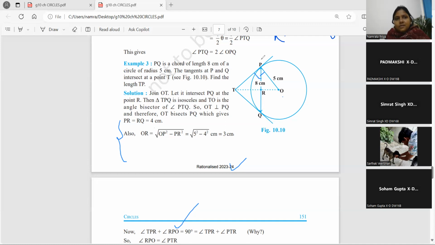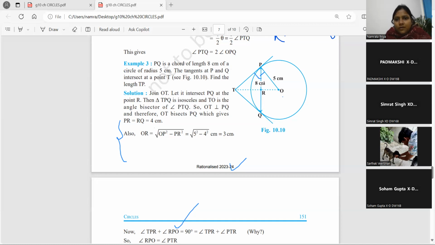So there is one answer, yes. The tangents and the radius are perpendicular to each other. Correct. Yes, you have given the correct answer. The tangents and the radius are perpendicular to each other. So they will form 90 degree.